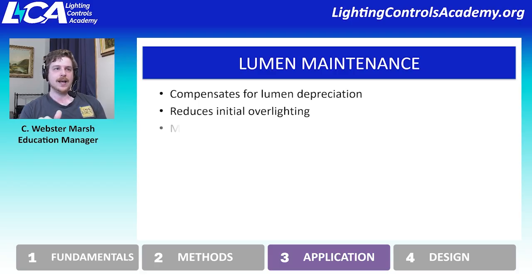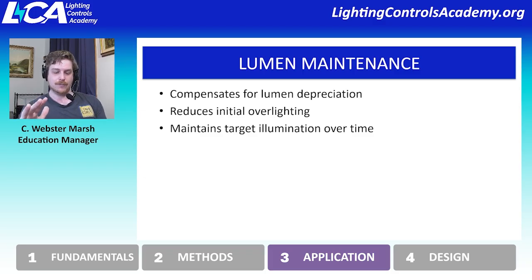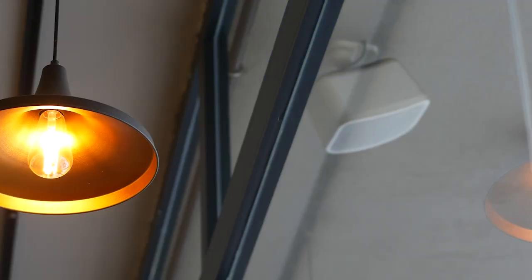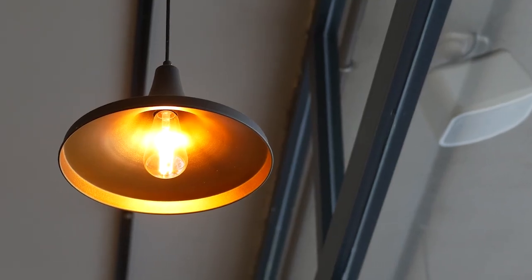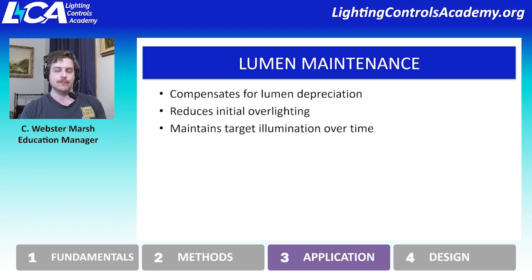But then over time, we can bring that value up, so that high-end trim will increase from, say, 80% to 100% over a determined amount of time, because those diodes are going to depreciate in how much they're providing. This provides more consistent illumination over the lifespan of that fixture.